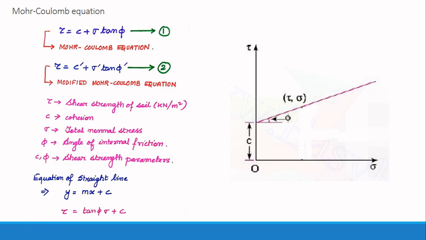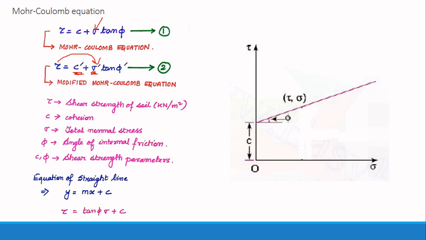Now later on it was found that the shear stress of the soil is not actually dependent on the total normal stress. It actually depends upon the effective normal stress, which is denoted by sigma dash. So when I take the effective normal stress, the cohesion also becomes effective in nature.